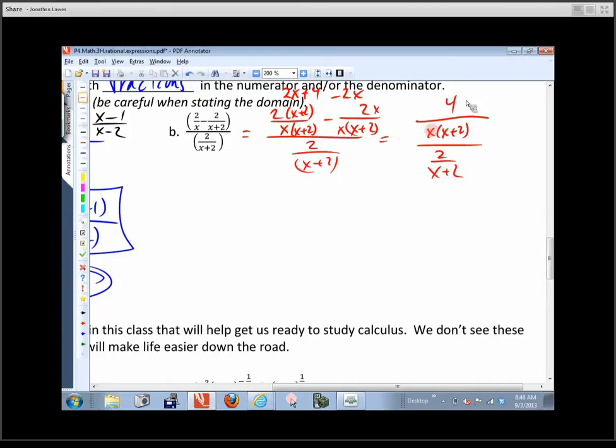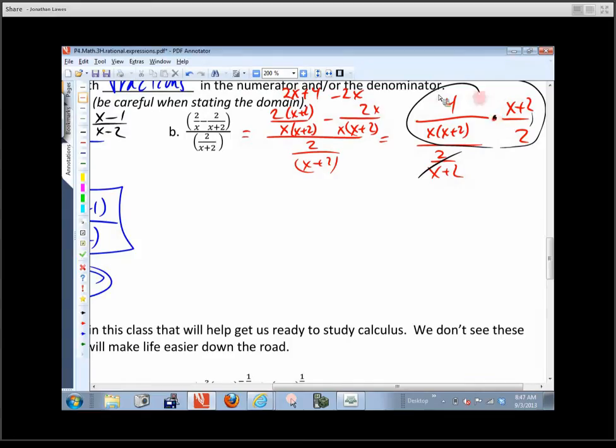I have a single fraction on the top and a single fraction on the bottom. Once I have that, then I can flip that denominator over and I can multiply. So I'm going to take that one and flip it over, and I get an x plus 2 on the top and a 2 on the bottom. Tony, what can I do here now? I'm going to multiply them together.